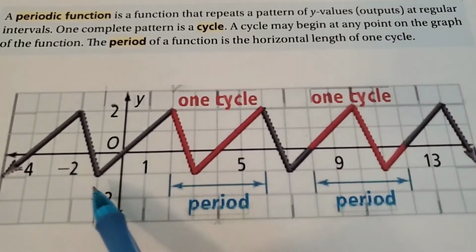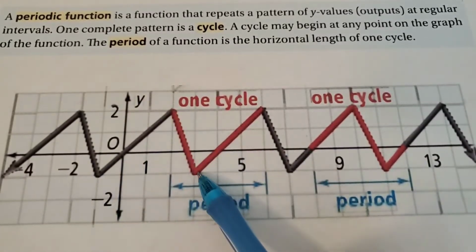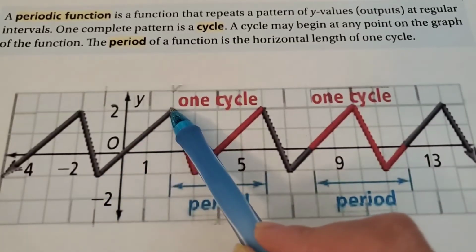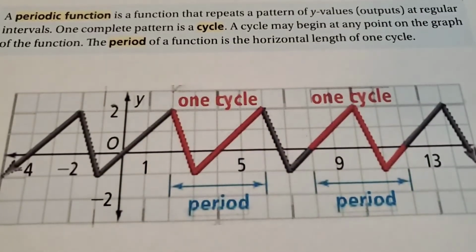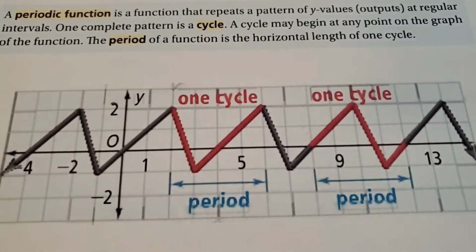We could have looked at one cycle being from a minimum up to that maximum, back to a minimum again. This would be one cycle. And no matter where you start a cycle, it will always be the same length in that periodic function.